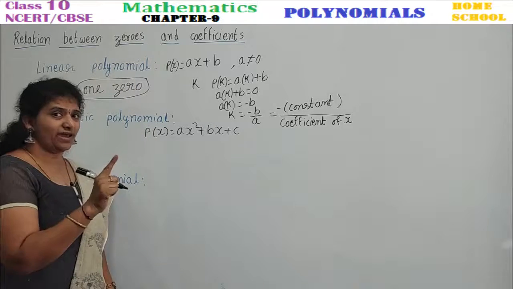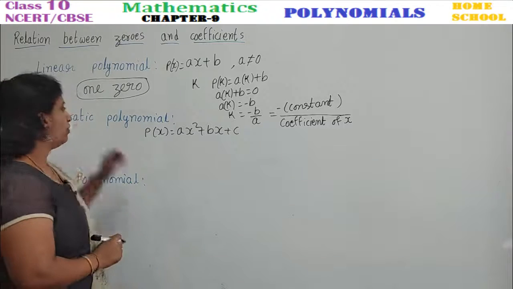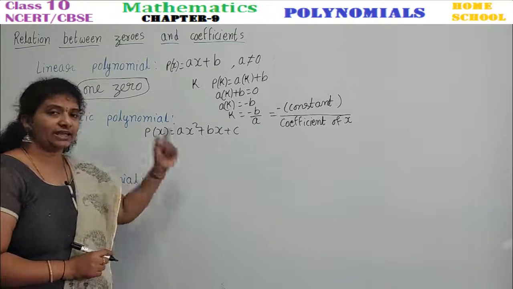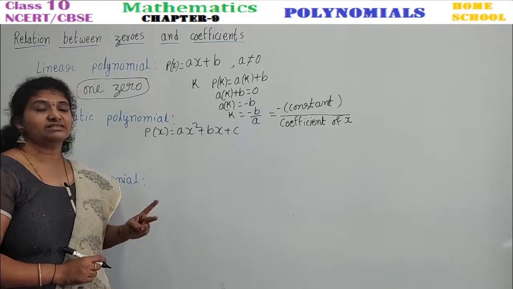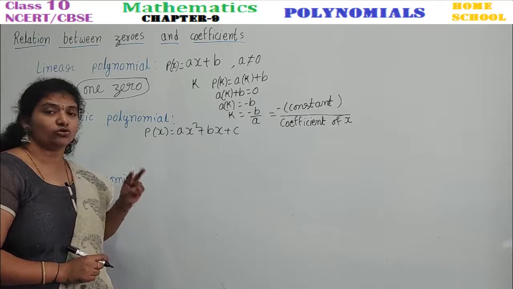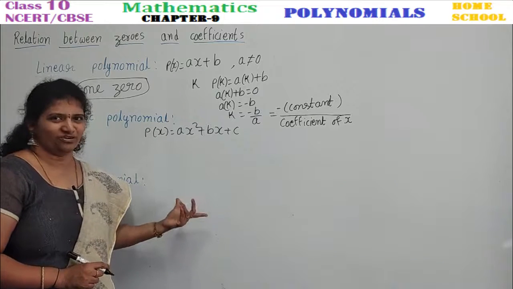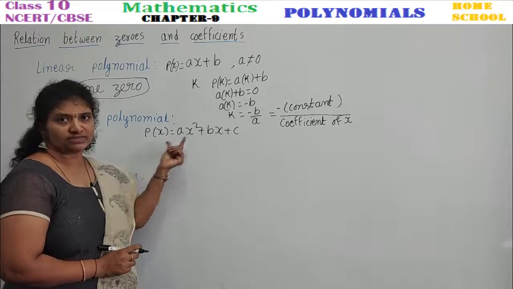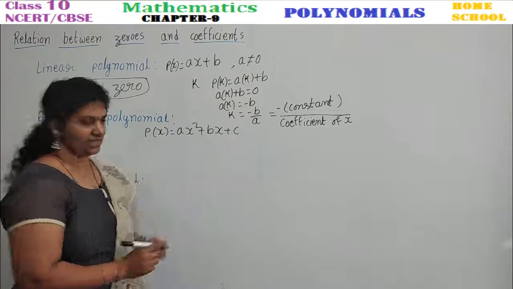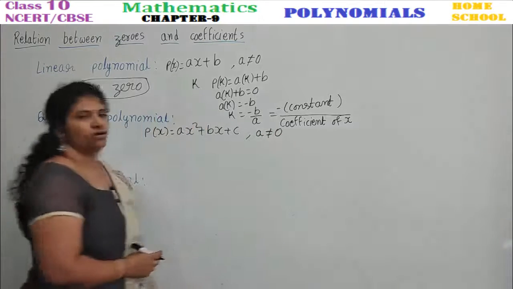Its degree is 1 and it will have only 1 0. Whereas a quadratic polynomial, degree is 2 and it will have 2 zeros. Means two values will be there. Those two values, if we substitute in this polynomial, you are going to get 0. We know the quadratic polynomial standard form is p of x is equal to ax square plus bx plus c, where a is not equal to 0.